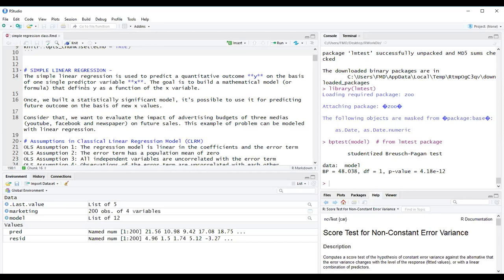Now, when we talk of simple linear regression, we would like to explain a particular variable, let's call it y, which is usually called the outcome variable or dependent variable, in relation to another variable called the independent variable, x. Can you hear me, guys?